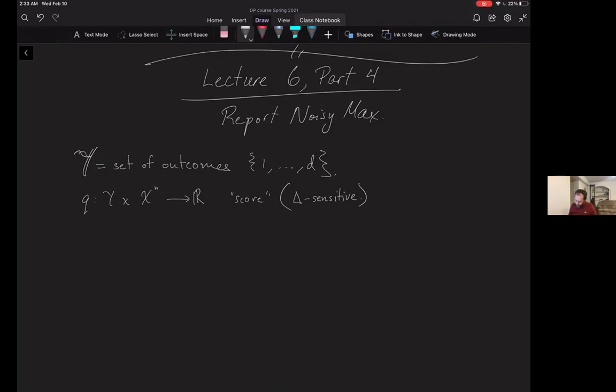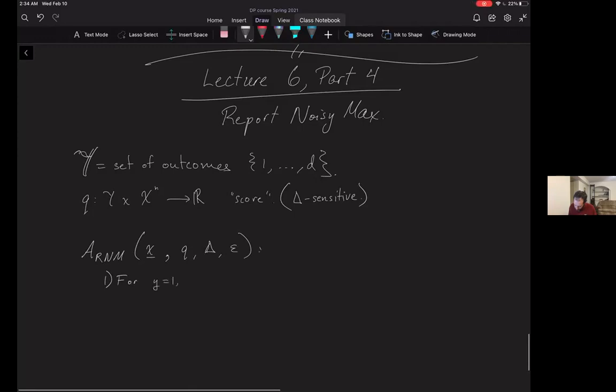As an algorithm, report noisy max is actually much simpler than the exponential mechanism. Here's our algorithm. Our input is x, the score function, an upper bound on its sensitivity, and a number epsilon.